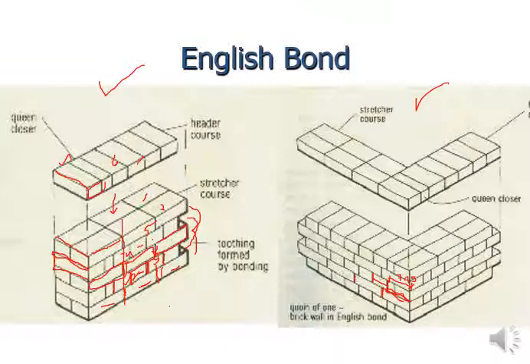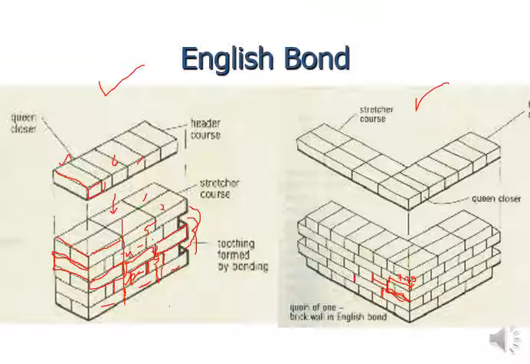If the thickness of the wall is 4.5-inch, you can place a brick bed, because this is a header course. You need 4.5-inch dimension on the front face and 4.5 along the thickness. But if it is a 9-inch thick wall, then what are you going to do? How to manage this 7.75? Then you can introduce a queen closer.